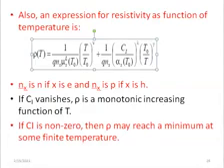So if this C1 is not 0, then the resistivity may reach a minimum at some finite temperature. Whenever it is 0, we don't expect the resistivity to decrease to a minimum. But if it is not 0, then the resistivity can keep on decreasing until it reaches some value within a finite temperature.